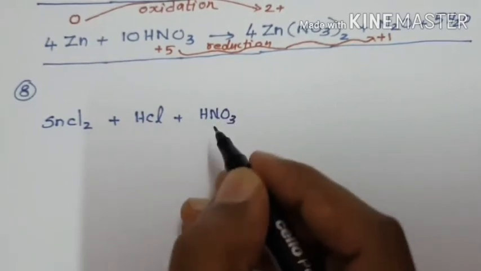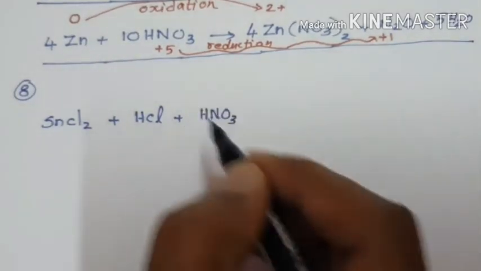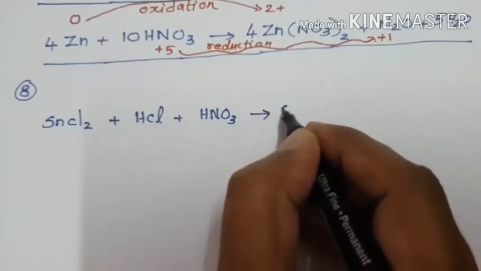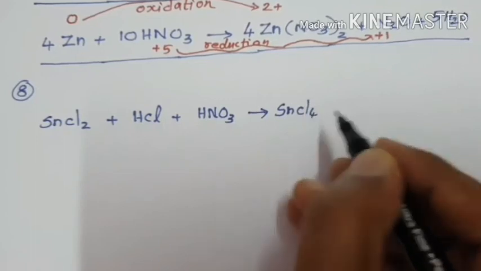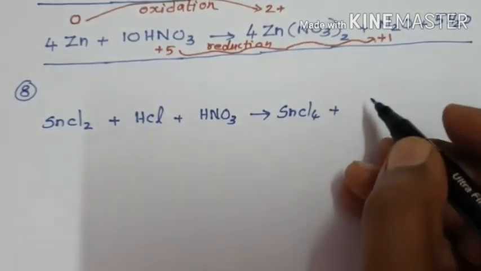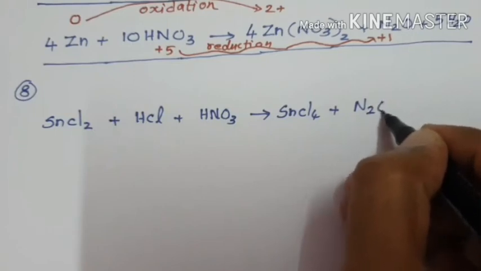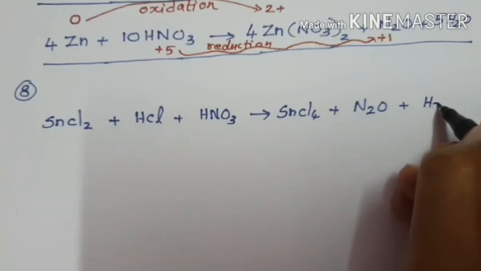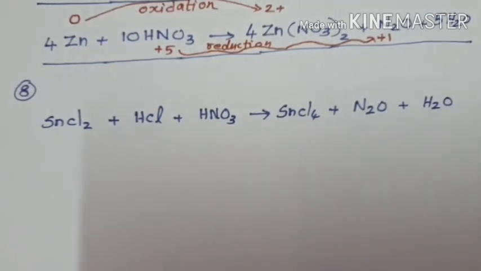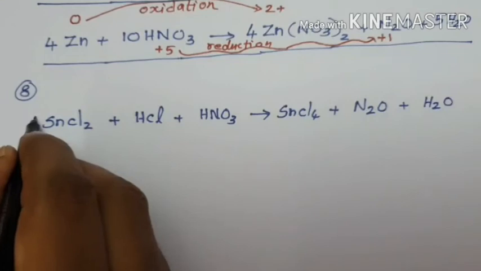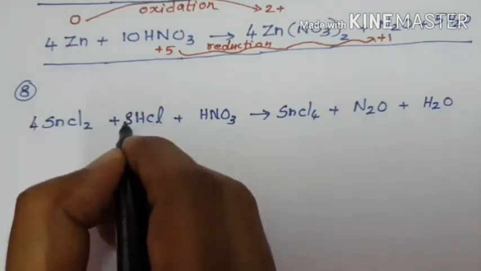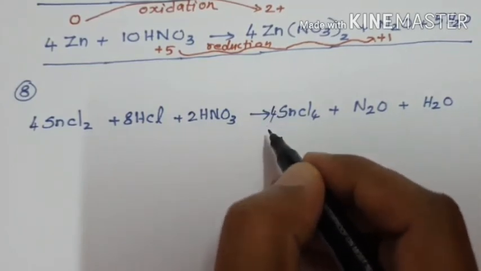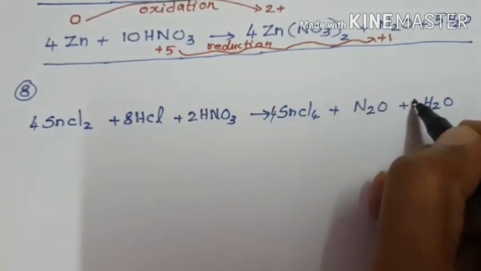This is also 20% nitric acid, and it gives SnCl4 plus nitrous oxide, the same product as before, and H2O. 4 SnCl2 plus 8 HCl plus 2 HNO3 (20%) gives 4 SnCl4 plus N2O plus 5 H2O.